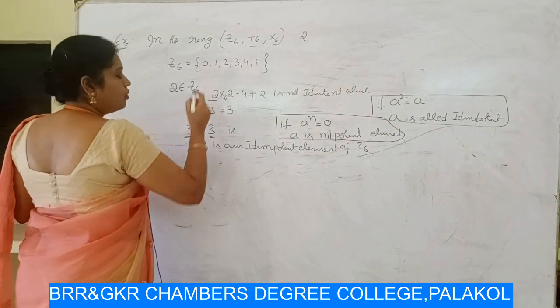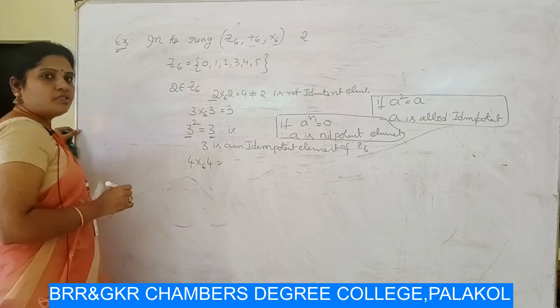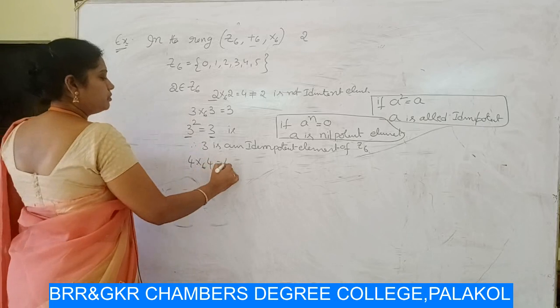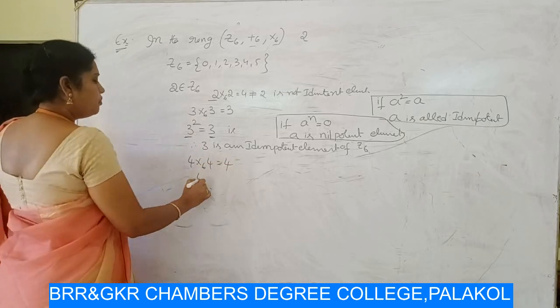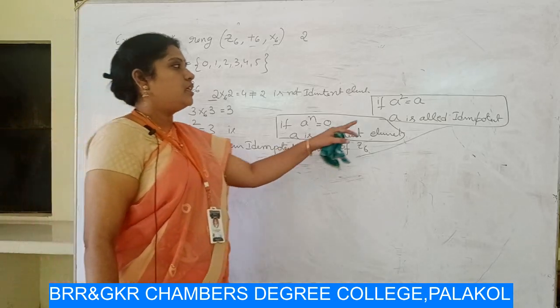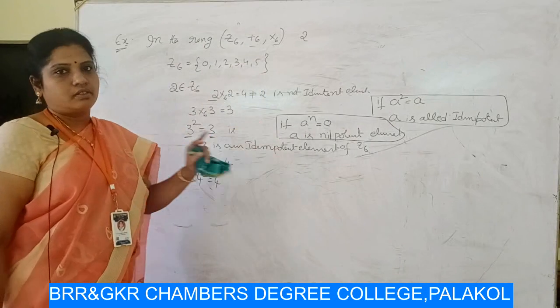And also 4, multiplication modulo 6, 4: 4 fours are 16. 16 divided by 6, we get remainder 4. That is 4 square is equal to 4, which also satisfies the condition that A square is equal to A. Therefore 4 is also an idempotent element of Z6.